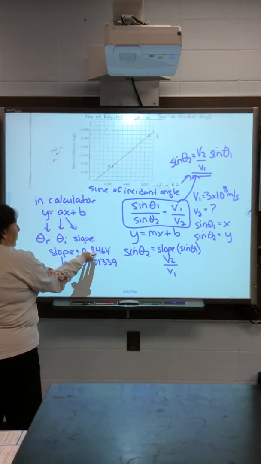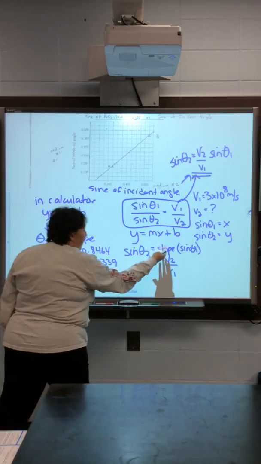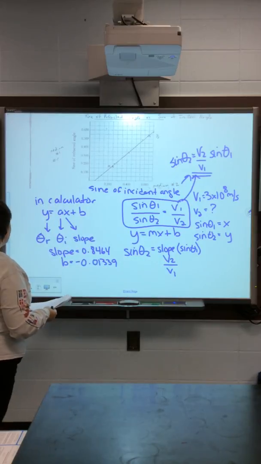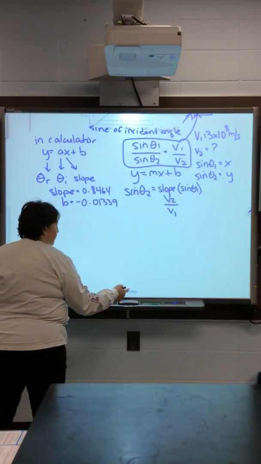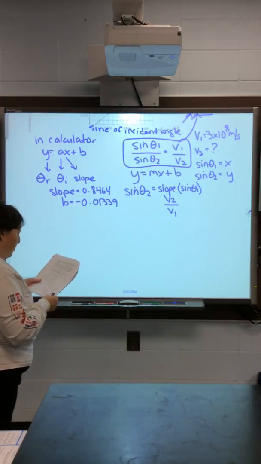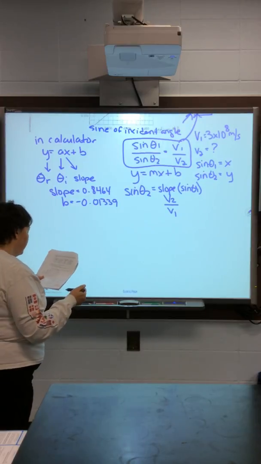When we get this 0.8464, that's what that is. So it's okay that we don't know the second velocity.